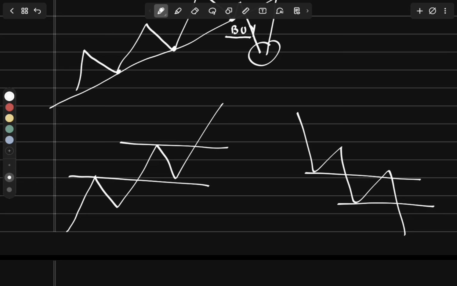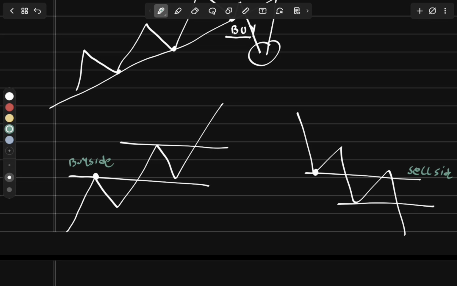So you have to understand that above every swing high and below every swing low, there is liquidity. When we break the area, this is called buy side liquidity, and this is called sell side liquidity.